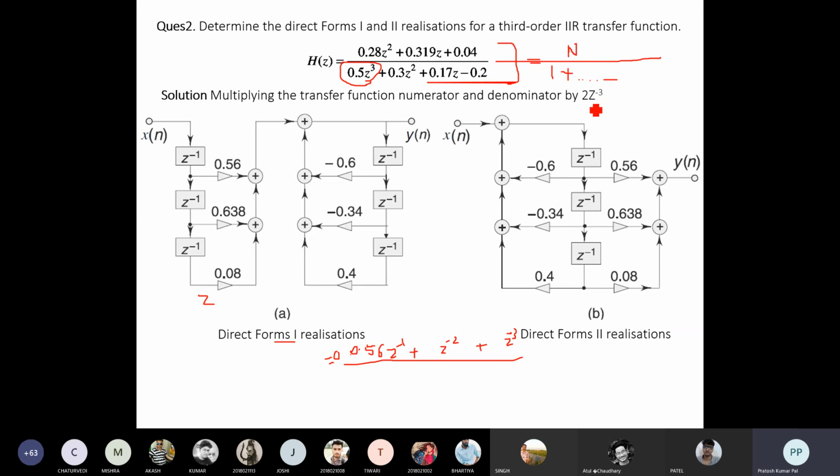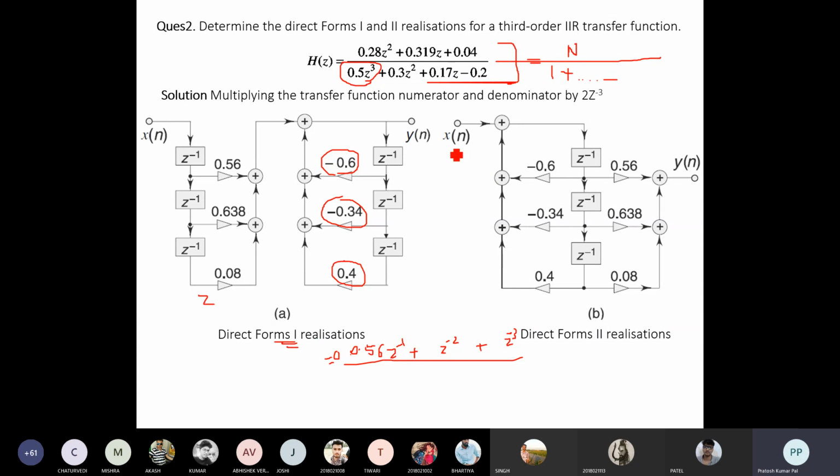After multiplication by 2 into z to the power minus 3, this is one term, and this is the second delayed term. 0.6 is positive, so in the representation it will be a negative term. Similarly this will be a negative term because it is positive, and here it is negative, so it will be a positive term, after delaying y of n. This is how the direct form 1 realization takes place.